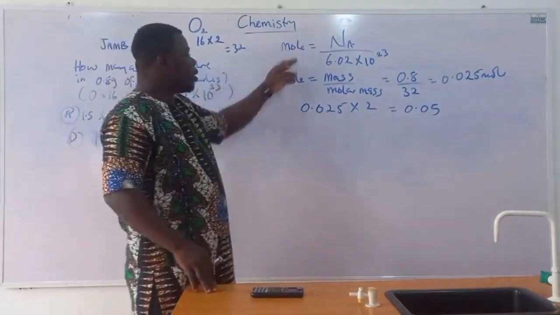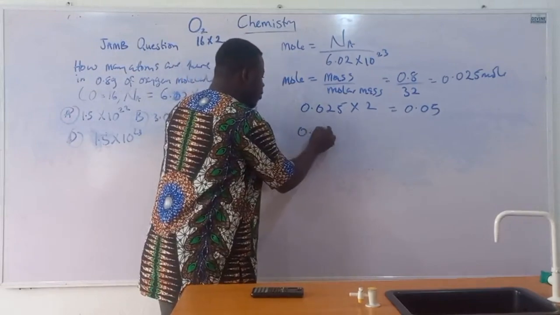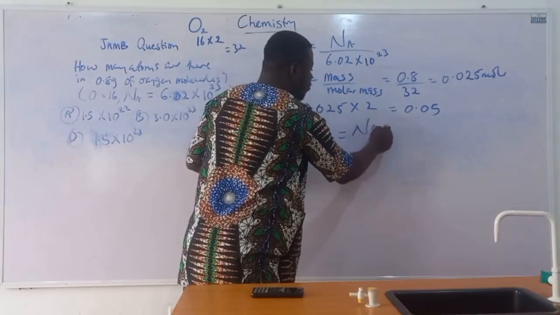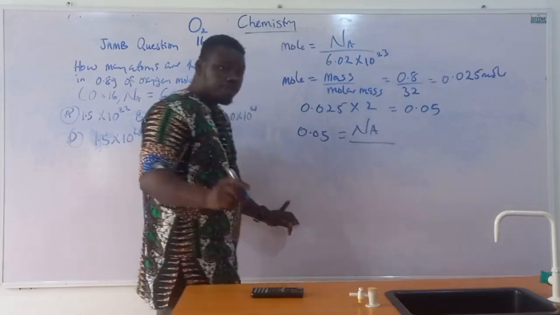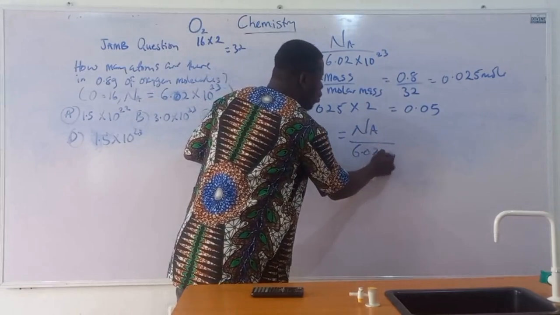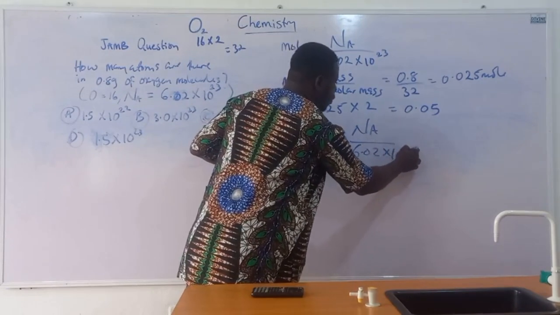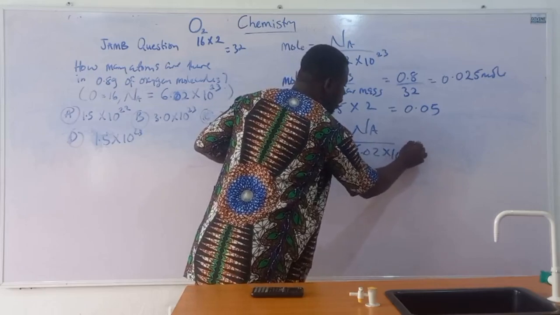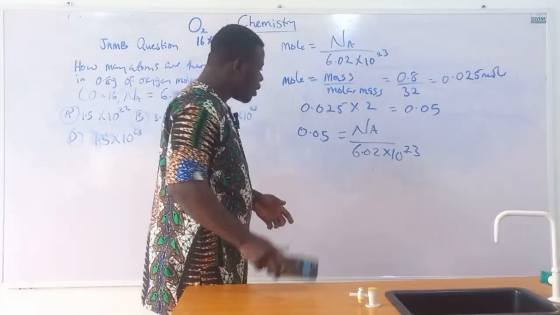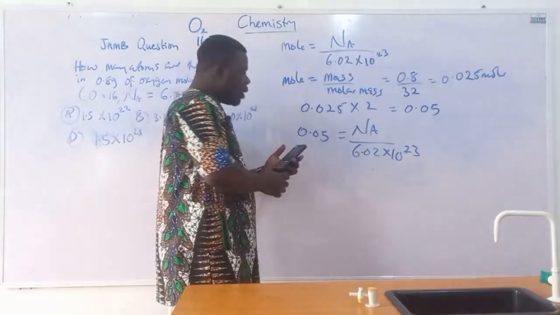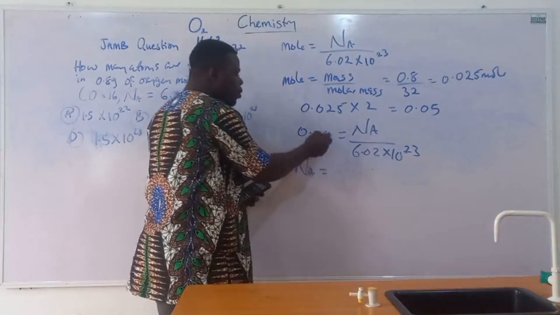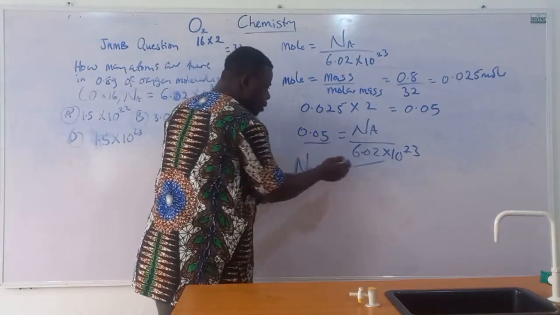Now we can solve. So we now have the mole, which is 0.05 mole, equals the number of atoms or particles we don't know, over Avogadro's constant. Now, how do we go about this? We know we cross multiply. Now, use this to multiply this.